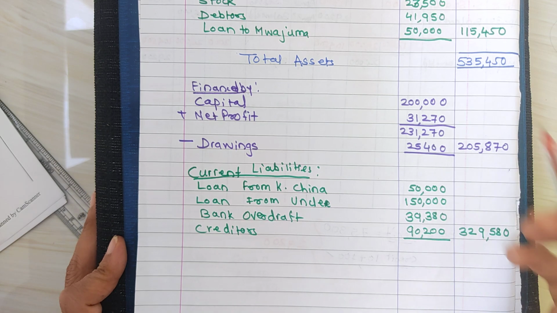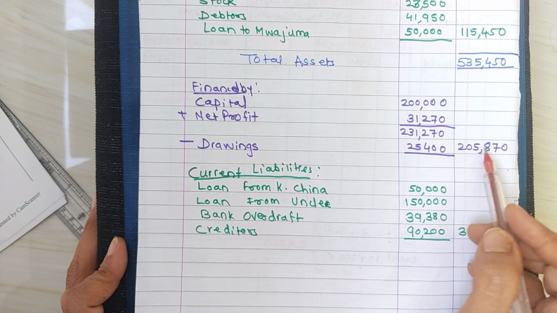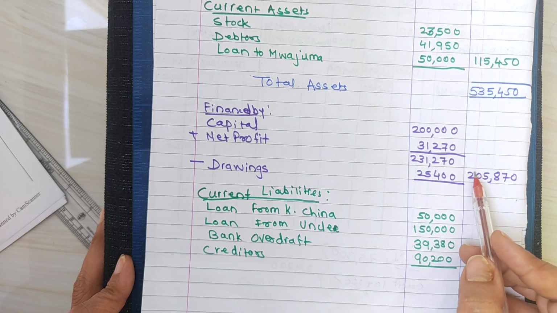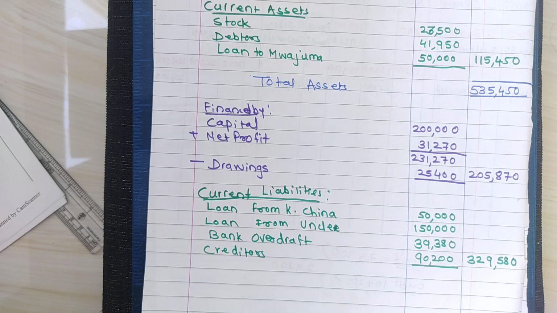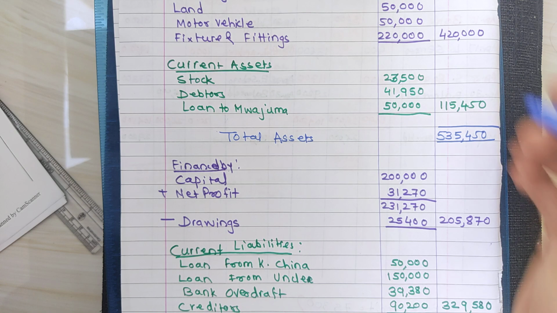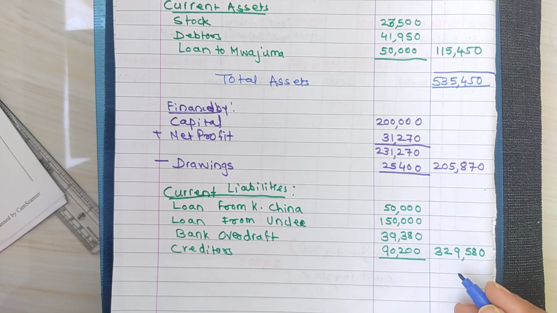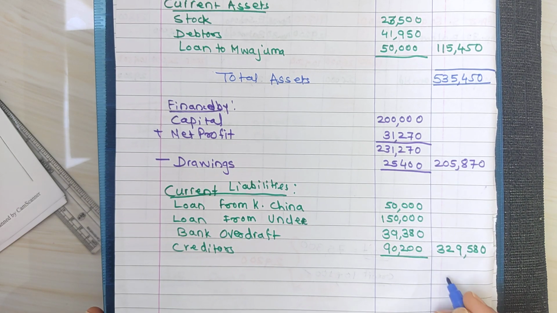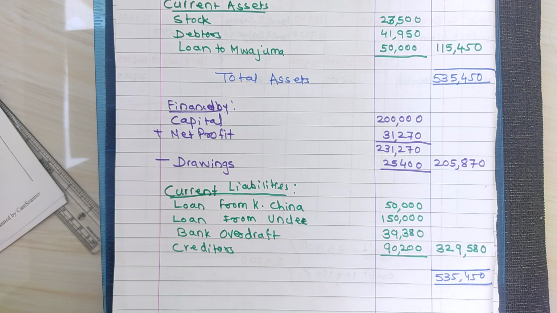So when you deduct 329,580 from 535,450, you will get at the end the answer 205,870. So that is also correct, or you can write even this way. Non-current asset, current asset, so this is total asset, then financed by and then current liabilities. So when you make the total of both, you will get the answer 535,450.